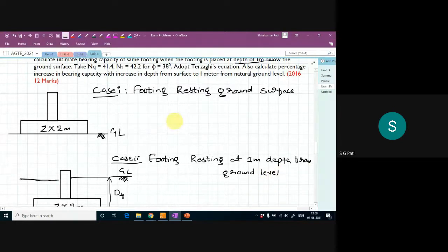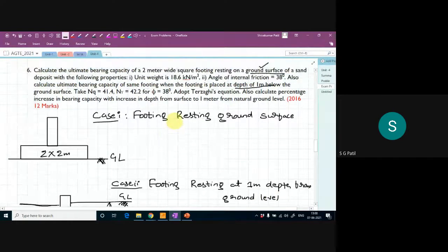First, these are the two cases, and what are the soil properties they have given? Gamma is equal to 18 kilonewton per meter cube, and the angle of internal friction phi is equal to 38 degrees. Also take NQ and N gamma.